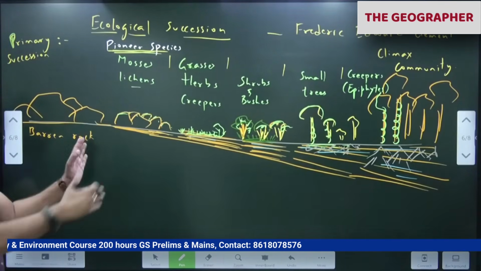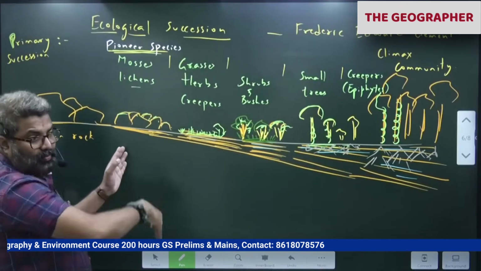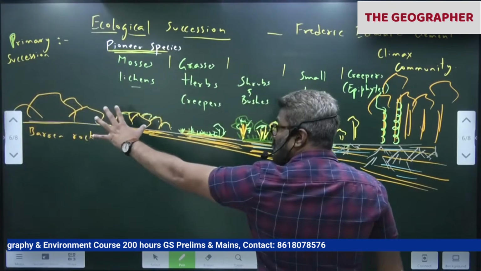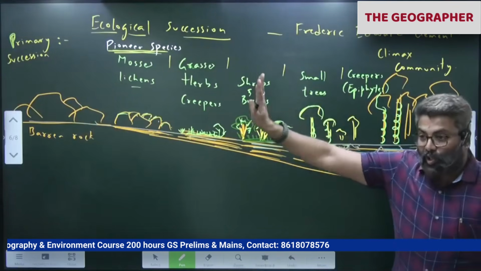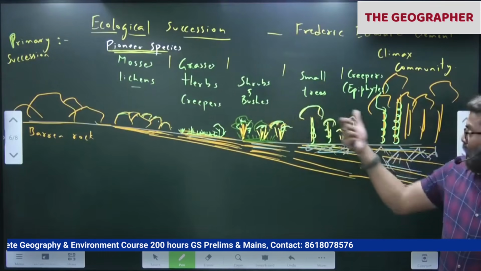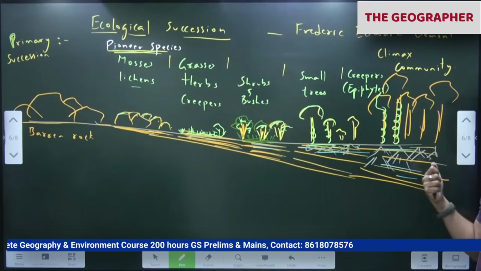Many species are formed, one next to another, or one replacing the older. Wherever there was just rocks, slowly various species have grown over it. Finally, we'll get to see dense plants and trees.